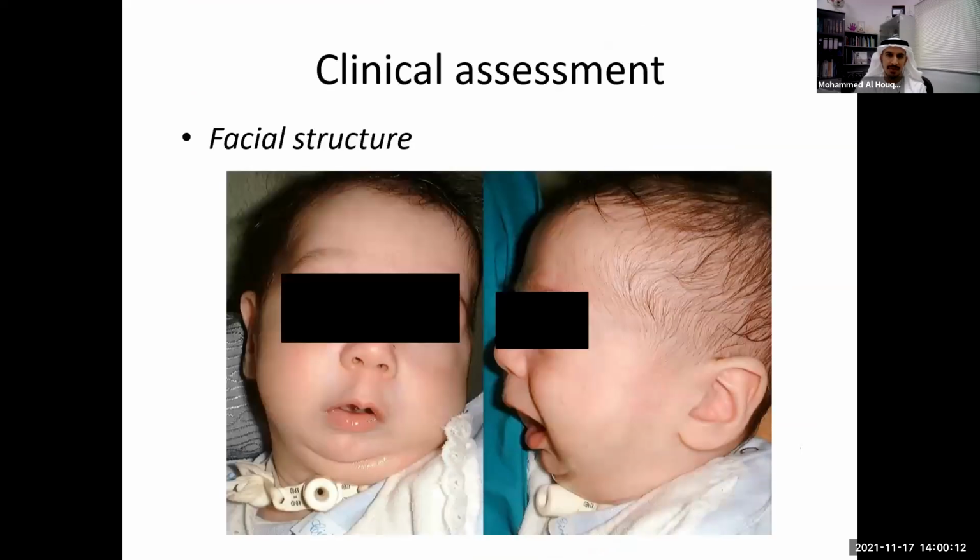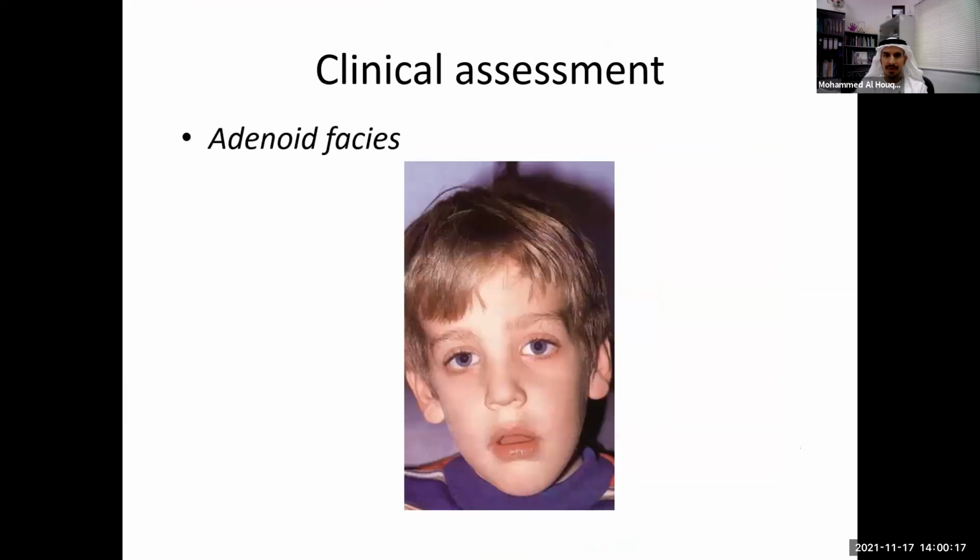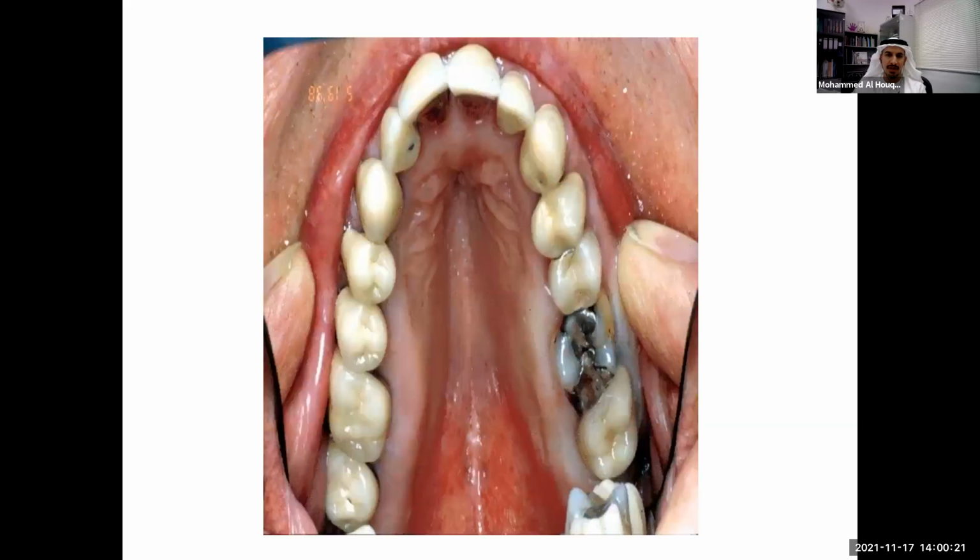Now, once we have patients with obstructive sleep apnea, we need to evaluate them for all that we just mentioned in terms of risk factors. Also, we take their neck circumference and BMI, because we know there's a strong association between a high BMI, large neck circumference, and obstructive sleep apnea. We also look at the facial structure. This patient, for example, clearly has adenoid facies.